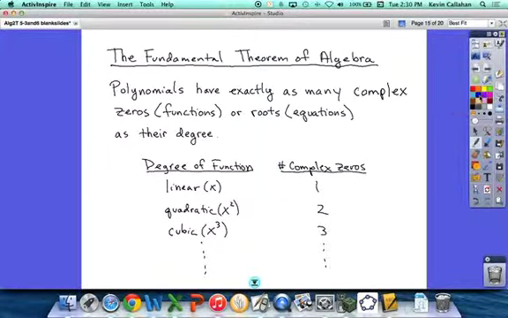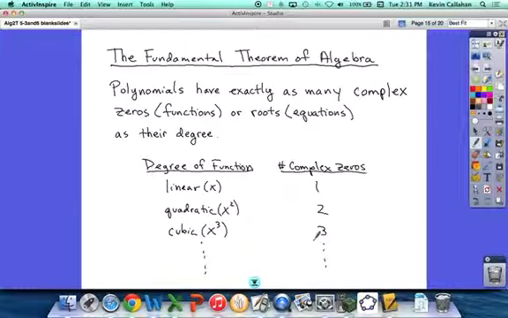So for example, linear has a degree of 1, so it'll have 1 complex zero. Quadratic has a degree of 2, so it'll have 2. Cubic has a degree of 3, so it'll have 3. Whatever is the degree, that's the number of complex zeros.